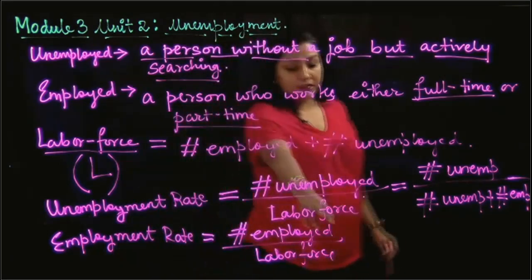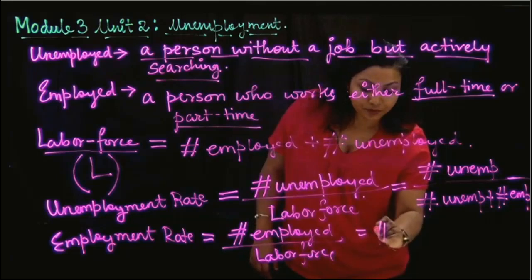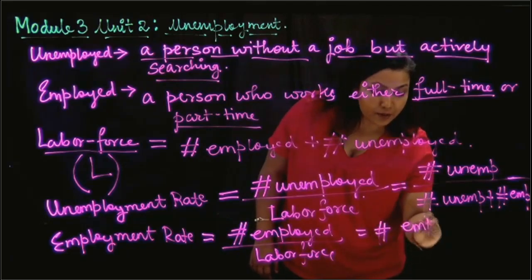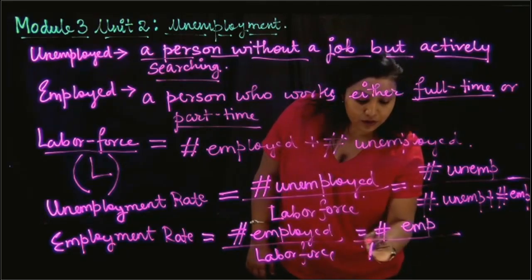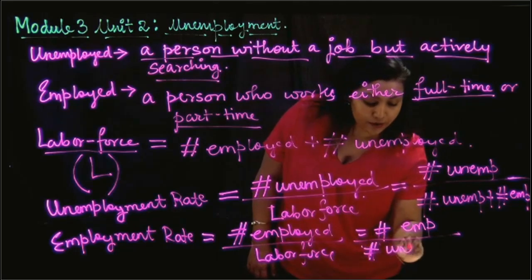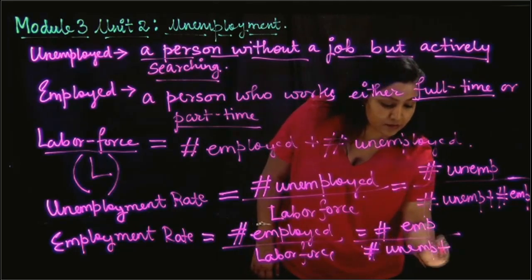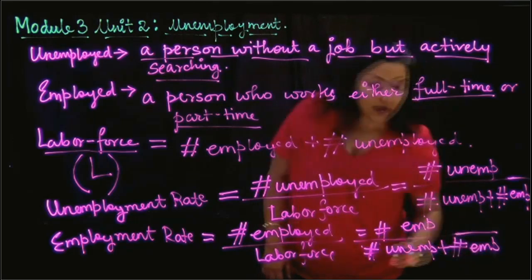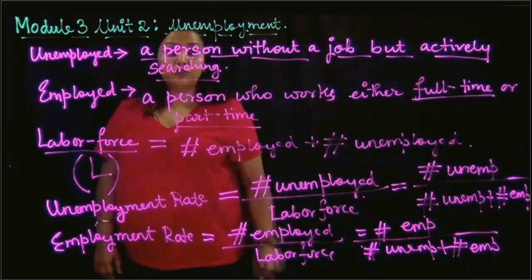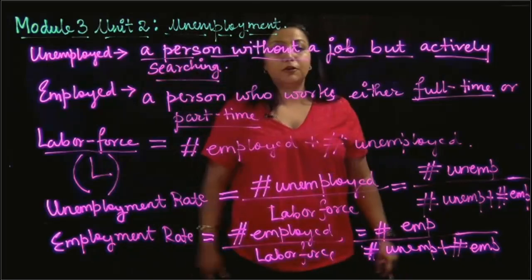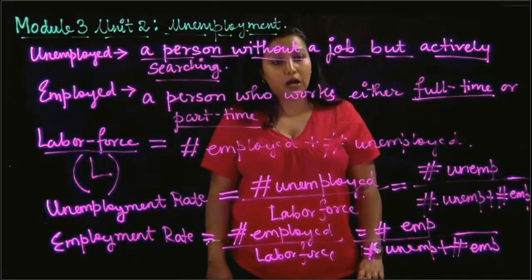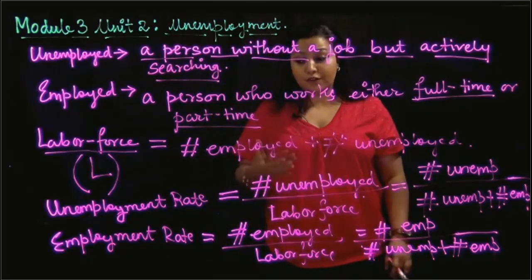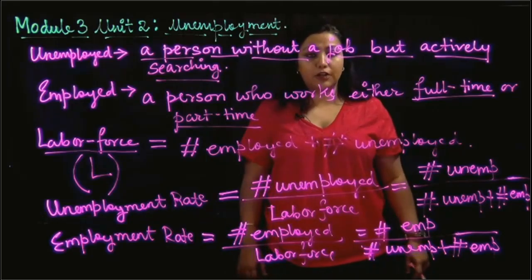So it is basically the number employed divided by the number unemployed plus the number employed. So basically unemployment rate and employment rate are the proportion of the labor force that are unemployed or employed. You are just finding it as a fraction of the total labor force of the country.